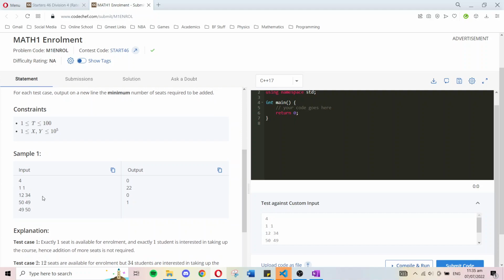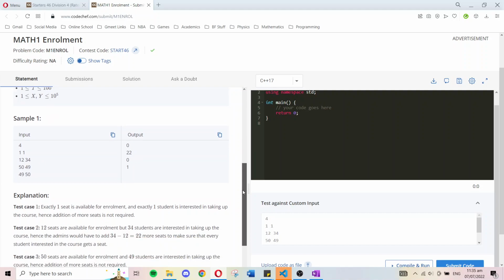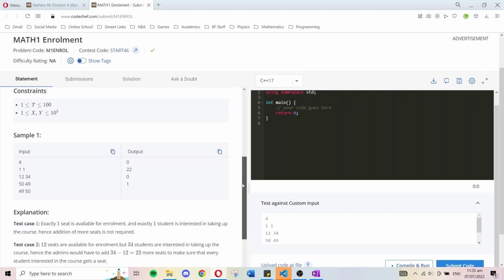If X is greater than Y, then obviously you don't need to add any chair. If X is equal to Y, just the same, you don't need to add. But if X is less than Y, then you have to add Y minus X chairs.